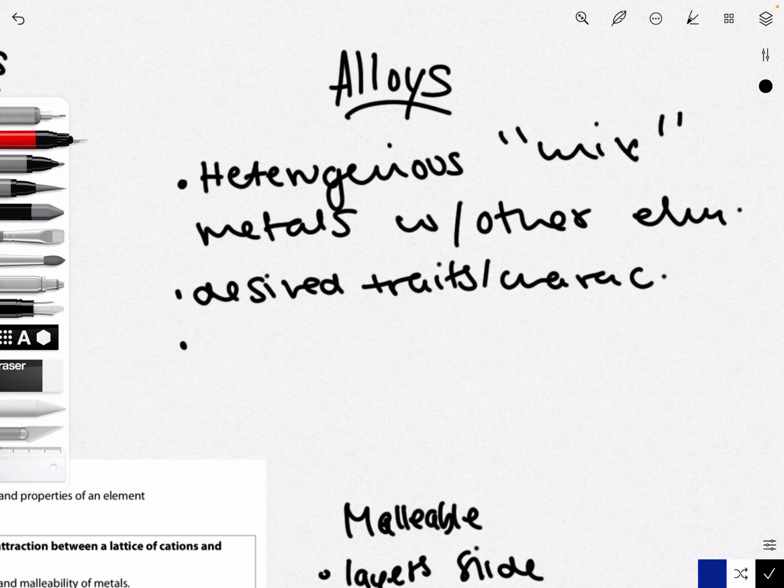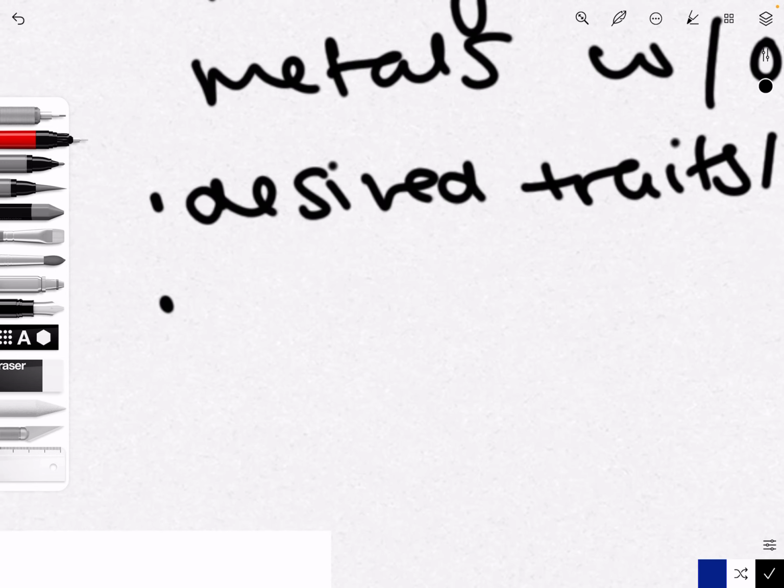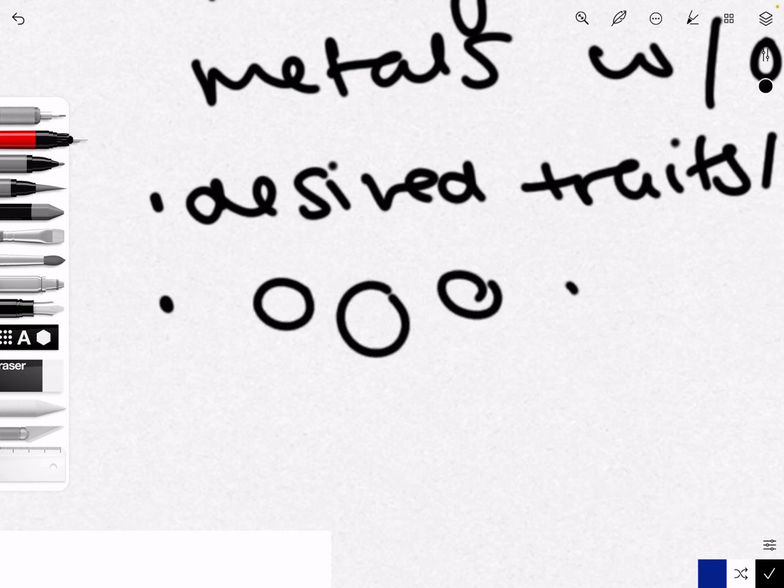The main idea behind an alloy is that you will have elements of different sizes. Say we have something like this.